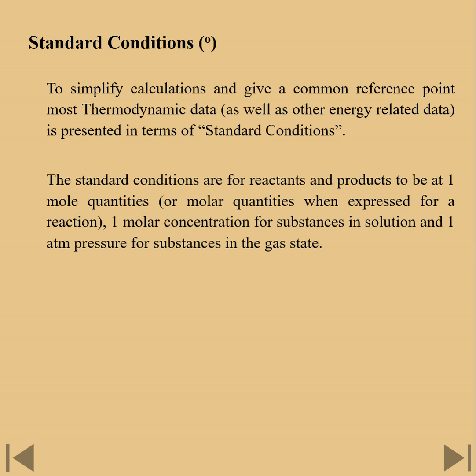And again, our standard concentration then turns out to be 1 mole per liter for solutes in solution, and 1 atmosphere for substances in the gaseous state. So again, our standard conditions would be 1 mole for anybody in their pure form, so solid or liquid, and then 1 molar concentrations for anybody in the aqueous state, and then 1 atmosphere for anybody in the gaseous state.